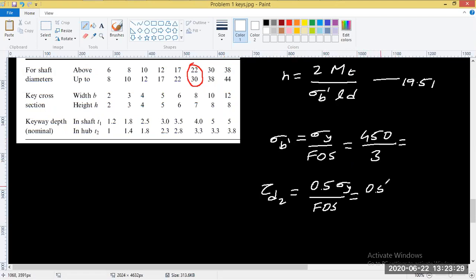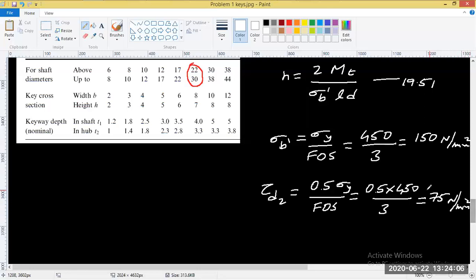So these two values will give us the extreme stresses, right? 450 over 3 is 150. This is 150 newtons per mm squared, and similarly into half. So half of that will be 75 newtons per mm squared.